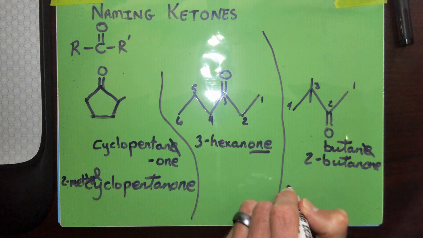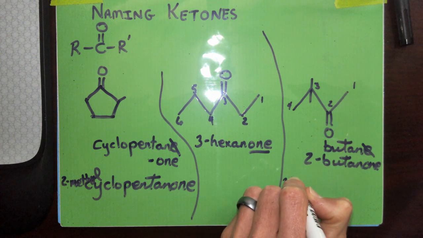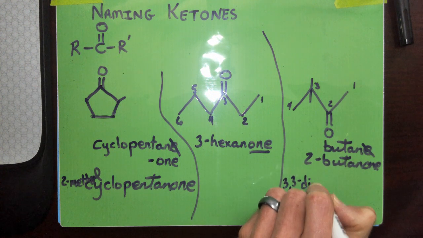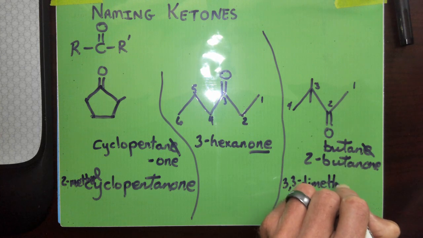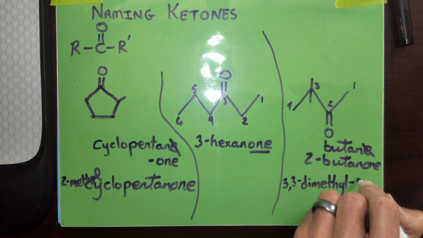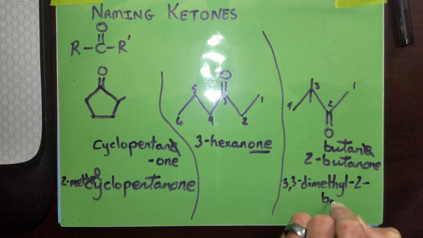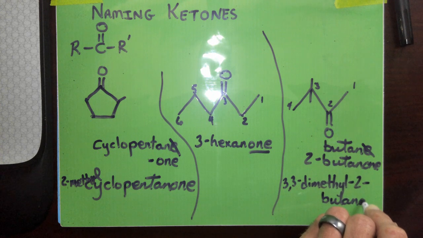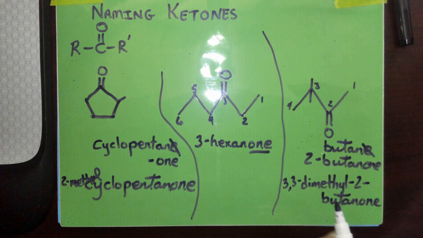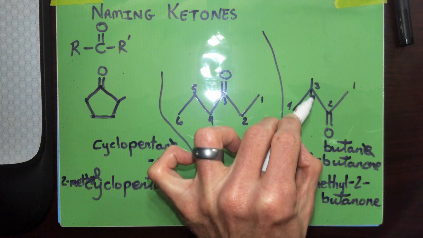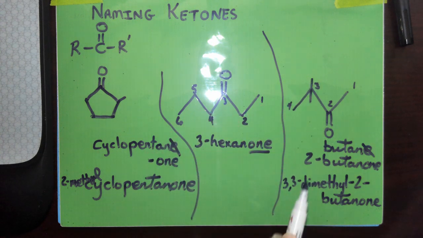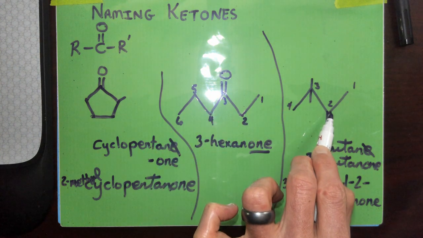So we're going to say 3,3-dimethyl 2-butanone. 3,3-dimethyl 2-butanone.